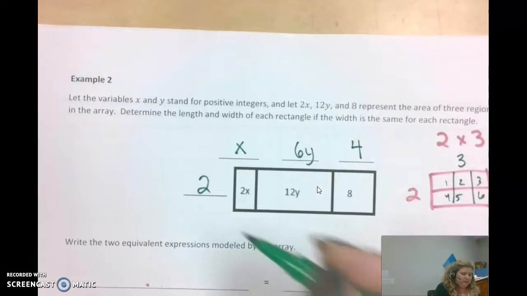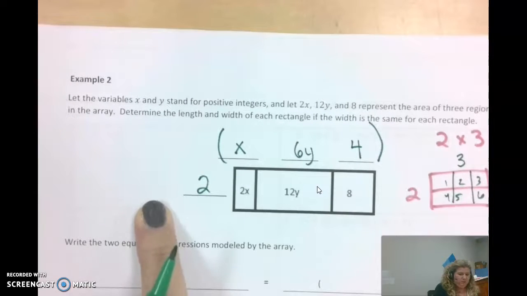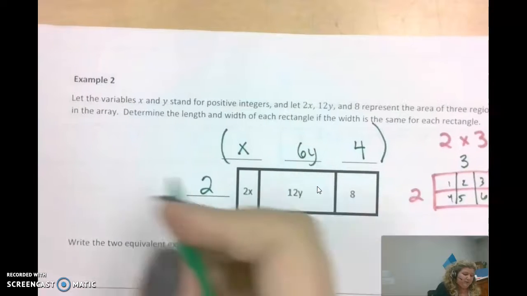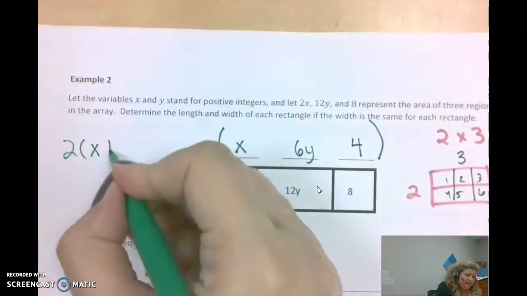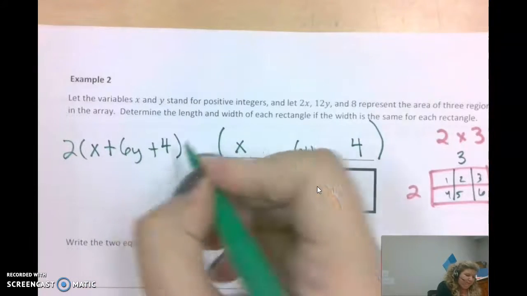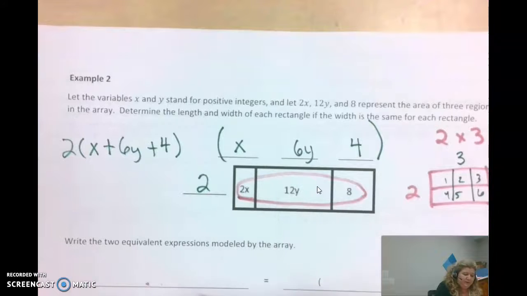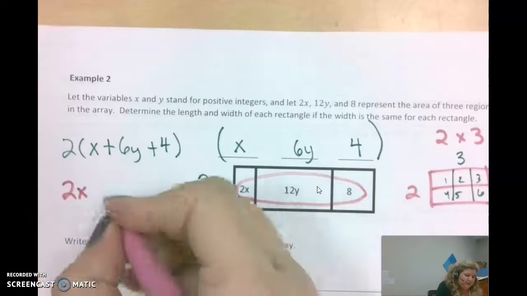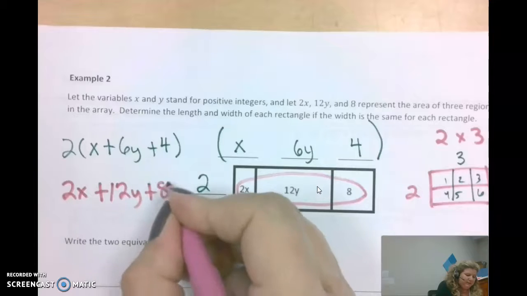And here is the expression that I could write: 2 times the quantity x plus 6y plus 4. And an equivalent expression is right here, what's inside this box: 2x plus 12y plus 8.